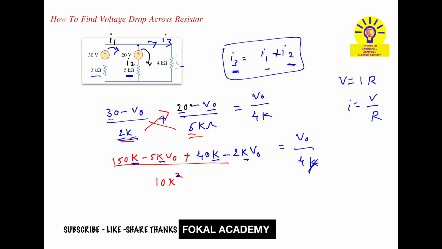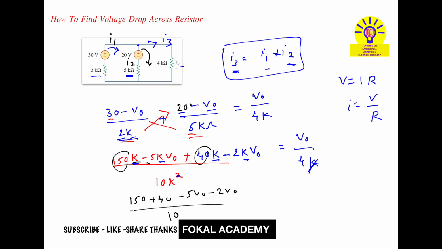So it becomes 150 plus 40, k is removed. Next minus 5 V0 minus 2 V0 by 10. So here 1k is cancelled, and another k will be cancelled by taking k common in the numerator.